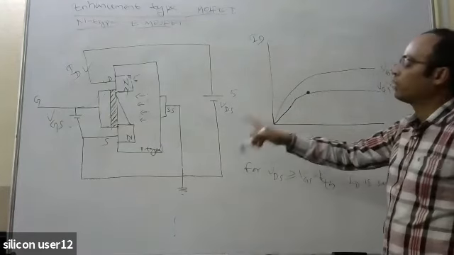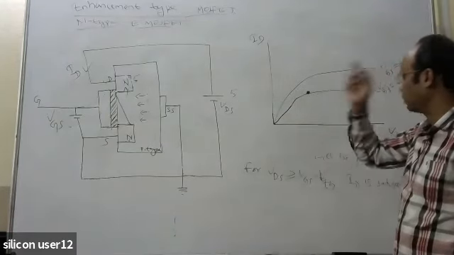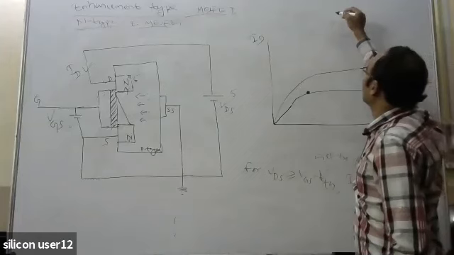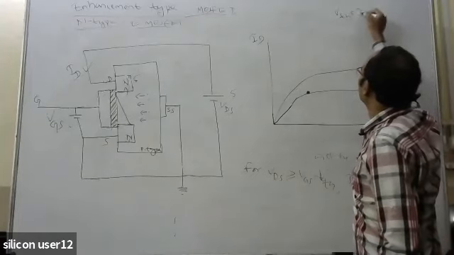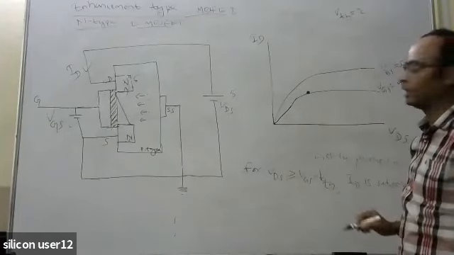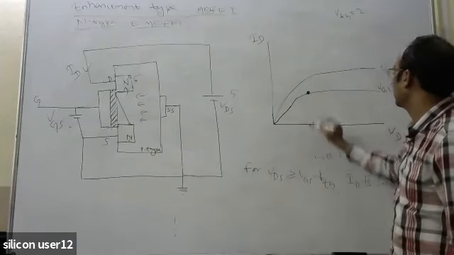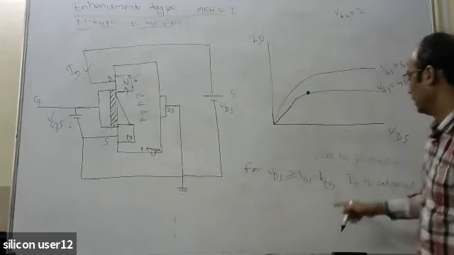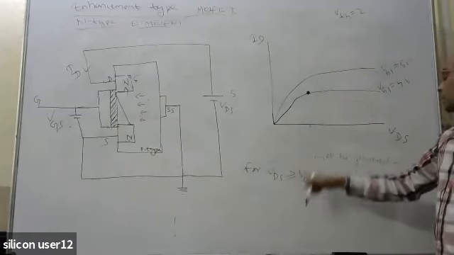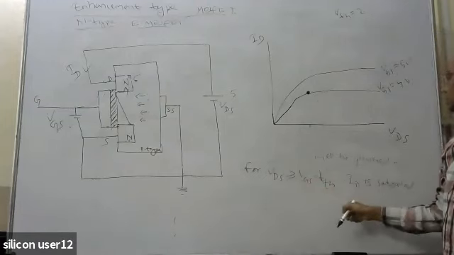Let us say for this MOSFET, the VTH is 2 volt. As I told you, VDS greater than or equal to VGS minus VTH.